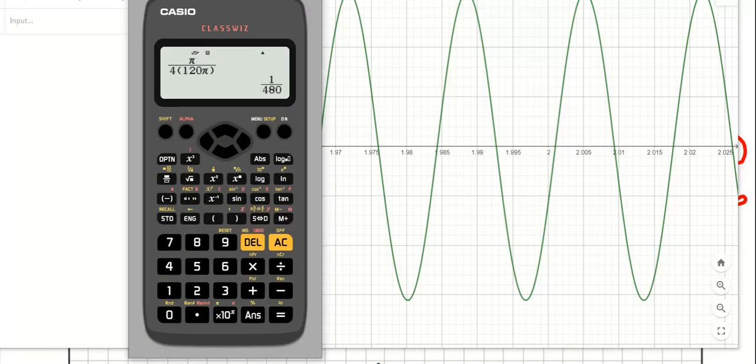Now, you could have done that in your table function or your calculator, figured out what happens at 2, what happens at 2.0001. You can do that all day long.